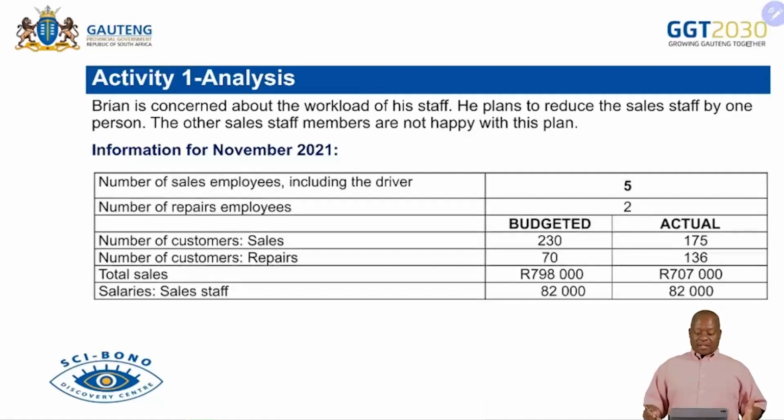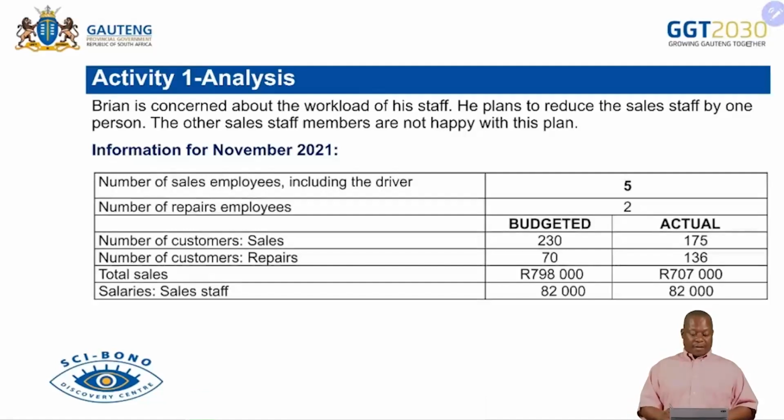What it means is, if we divide 5 into 230, it can give us roughly the number of customers we expect every sales rep to serve. But are we achieving that? No. They are serving far less than what they should have served. So is the owner justified for taking one off?